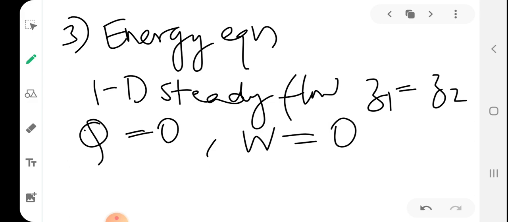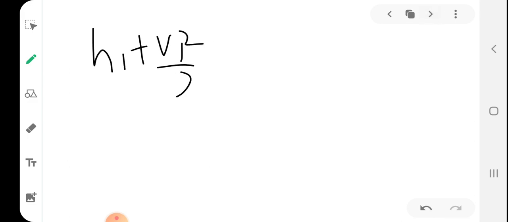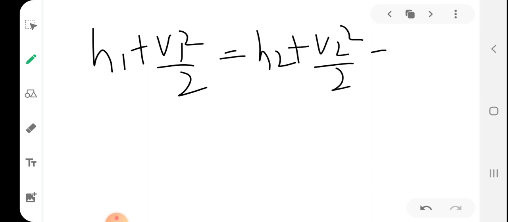Applying all these assumptions, we can write the energy equation as h1 plus V1 square by 2 is equal to h2 plus V2 square by 2 is equal to h0, a constant.